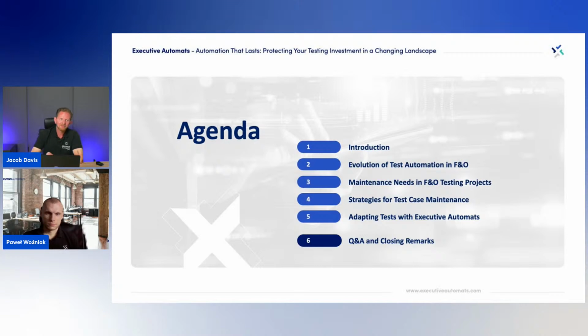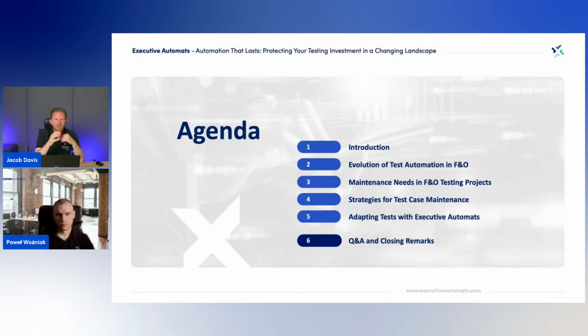The agenda for today: we've got the introduction, of course, and we're going to talk a little bit about the evolution of testing over time, even going back towards AX and coming through into D365. Then Pavel mentioned the maintenance needs of testing for F&O and all your projects and different integrations and so forth.